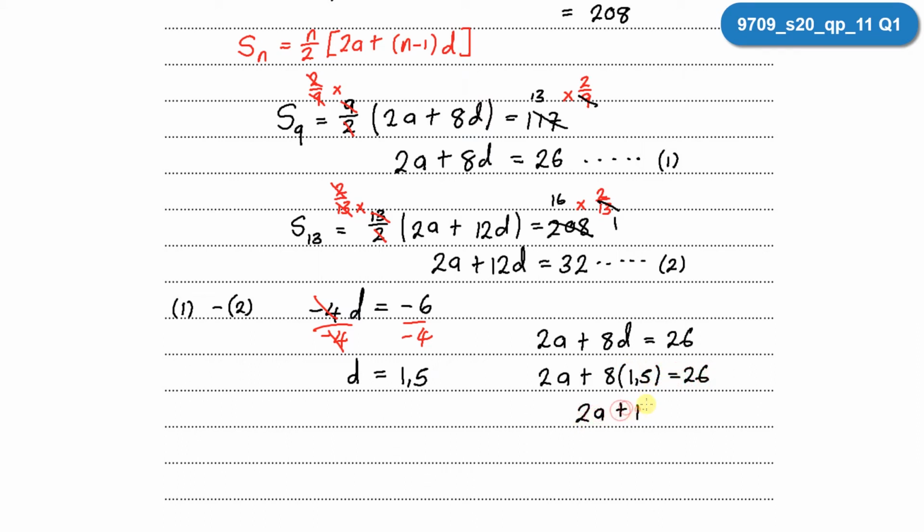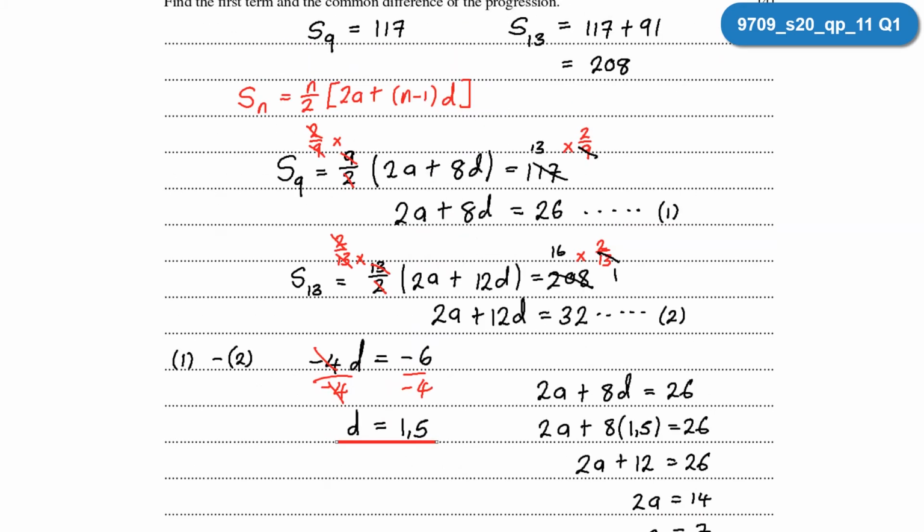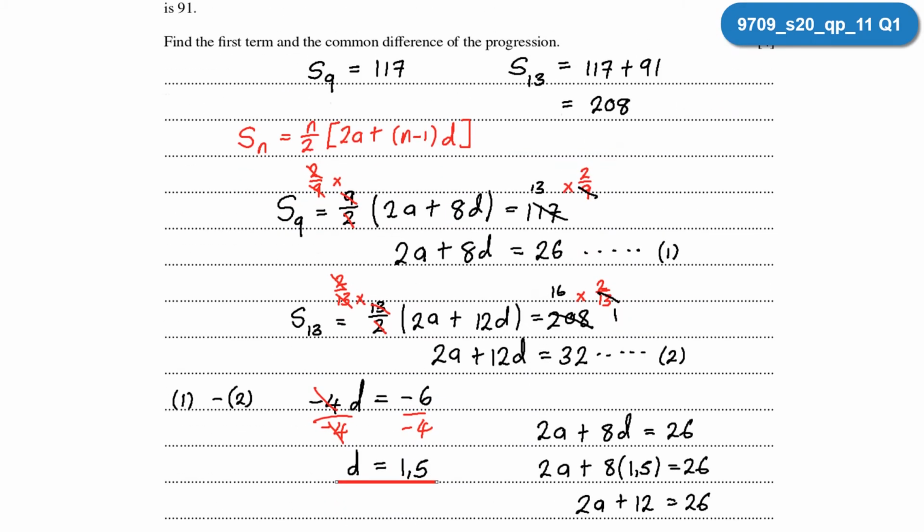So that's 2a plus 12 is equal to 26, and that's 2a is equal to 14 after subtracting 12 from both sides and dividing both sides by 2, we get a coming out as 7. So we now have the two solutions. A is 7, that's the first term, and d is 1.5, that's the common difference. That's what the question wanted us to find.